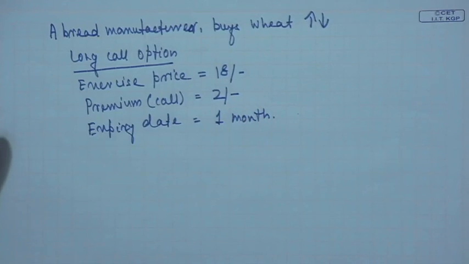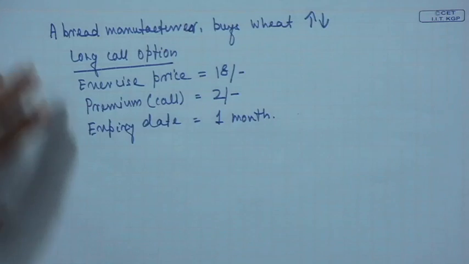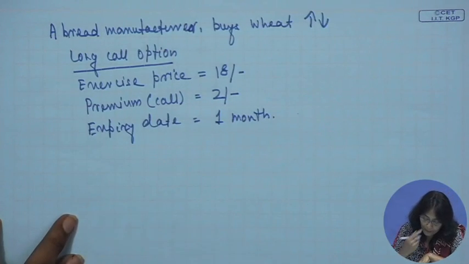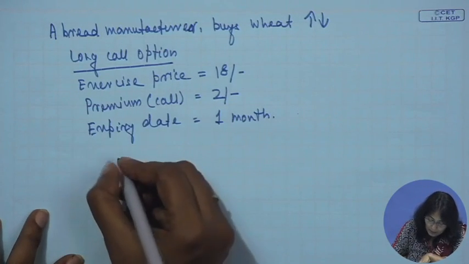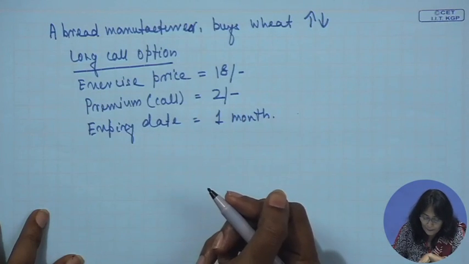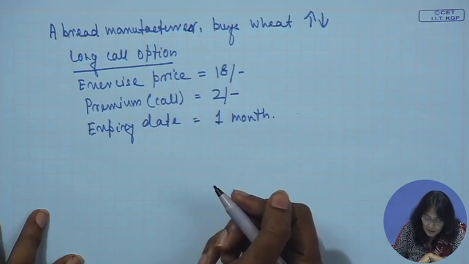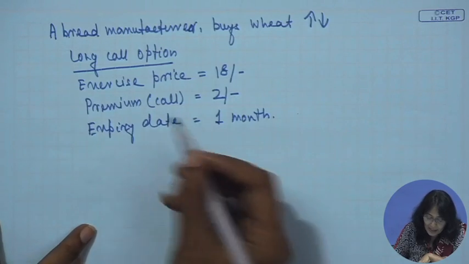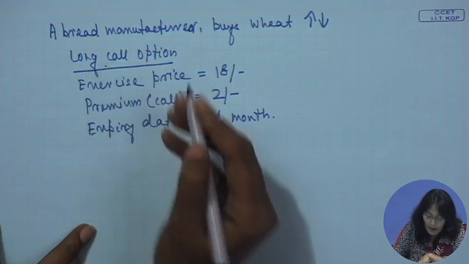Now on the expiry date, being a European option, what will be his action, that is, whether he will exercise this right to buy or not.